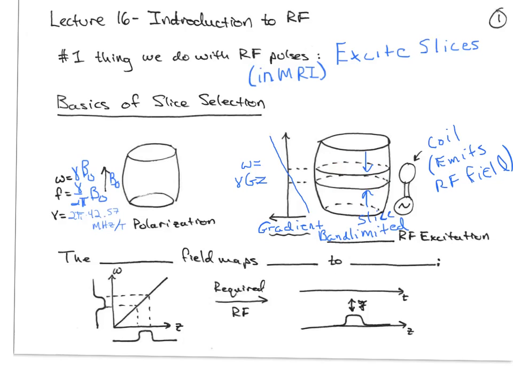So the key thing here is that the gradient field maps space to frequency, which allows us to play out a pulse containing certain frequencies and it will only affect a certain region of space.